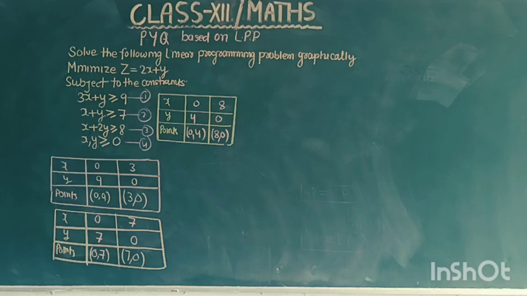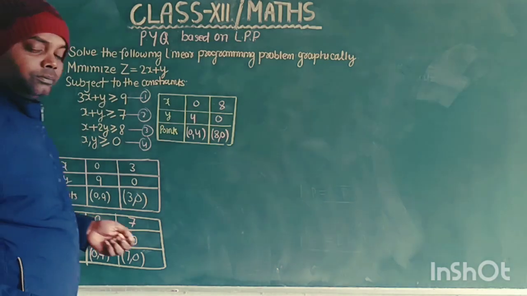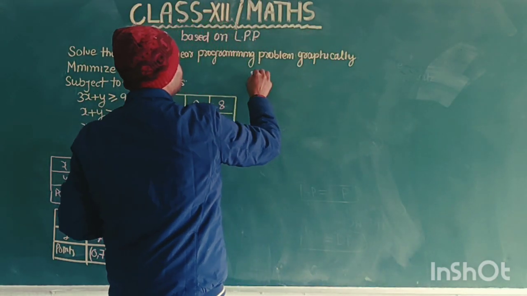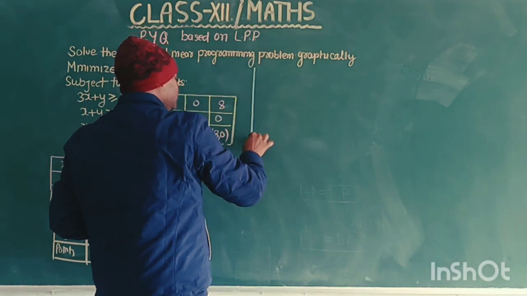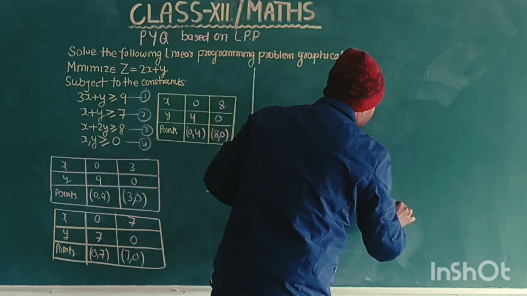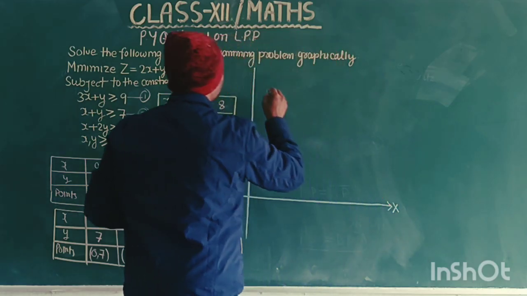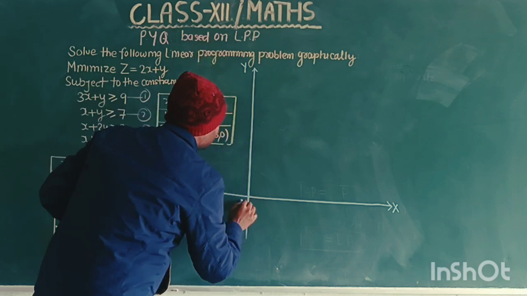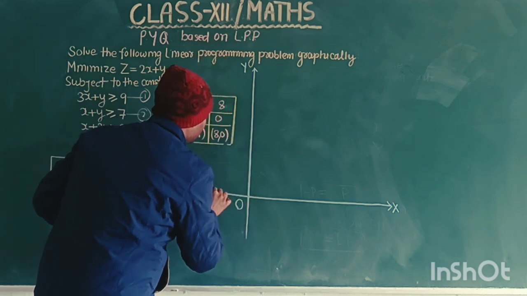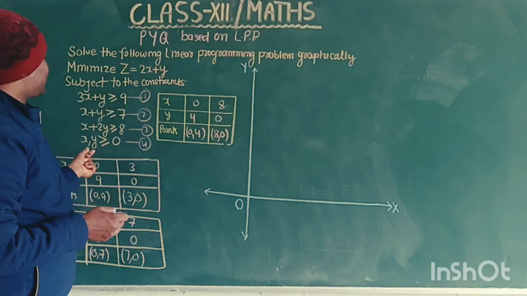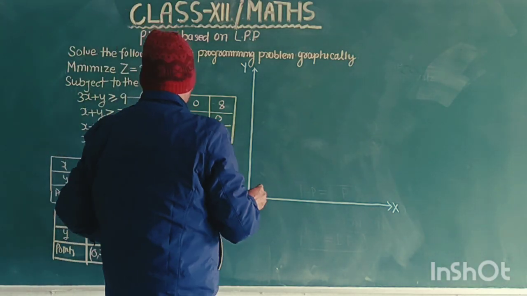Now plot the graph of the given points. First draw the Cartesian coordinates. This is the x axis and this is the y axis. This is the origin, and mark points on both the axes.